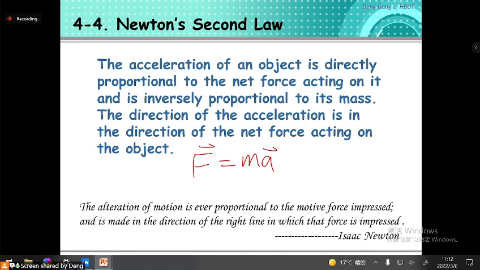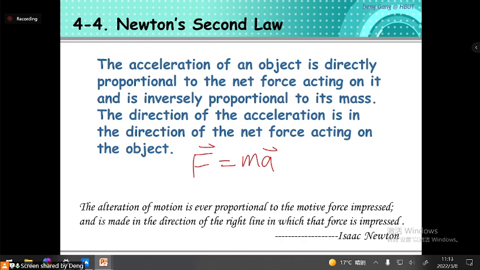The original description by Newton is something like this. The alteration of motion is ever proportional to the motive force impressed and is made in the direction of the right line in which that force is impressed.